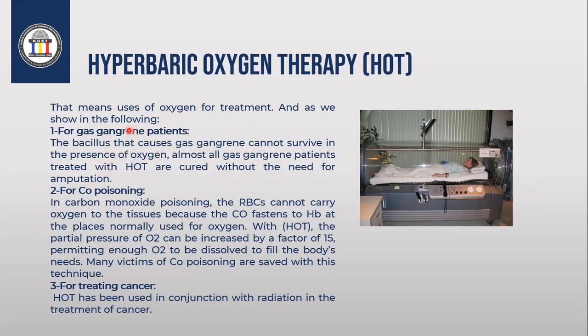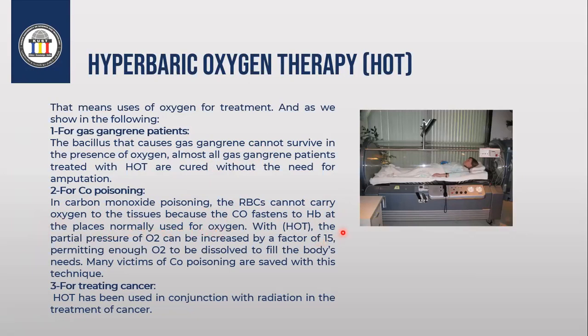The pressure and the oxygen will kill the bacteria, and you will survive without any amputation. CO poisoning is the same. In carbon monoxide poisoning, the red blood cells cannot carry oxygen to the tissues because of the CO, which binds quickly to the hemoglobin at the places that normally use oxygen.